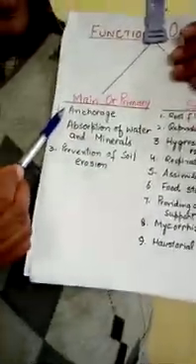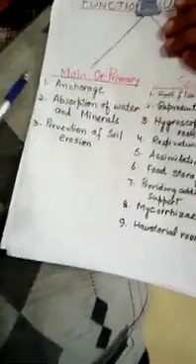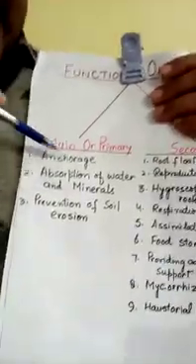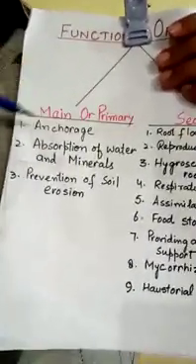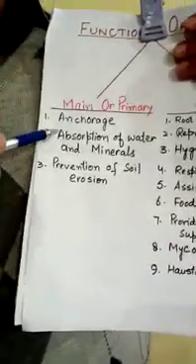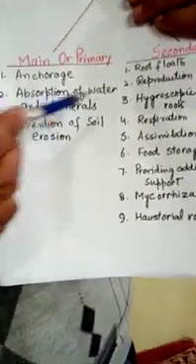Number first, anchorage. This simply means that the roots help in anchoring the plant in the soil. Number second, they help in the absorption of water and mineral salts from the soil.